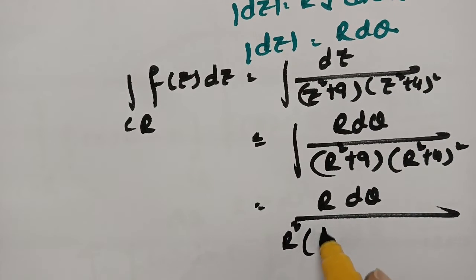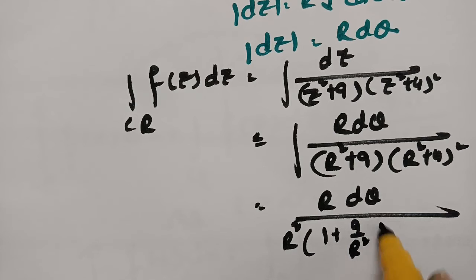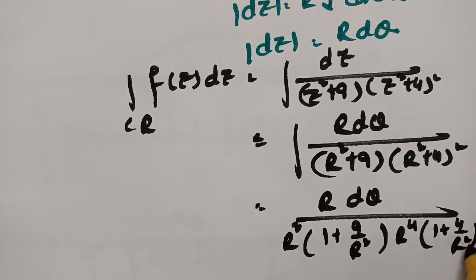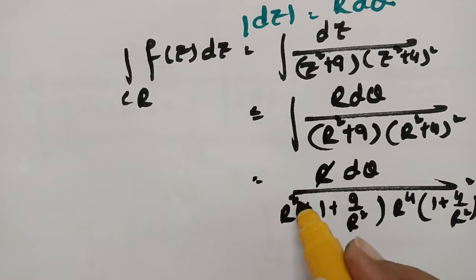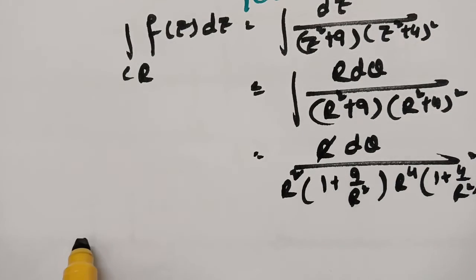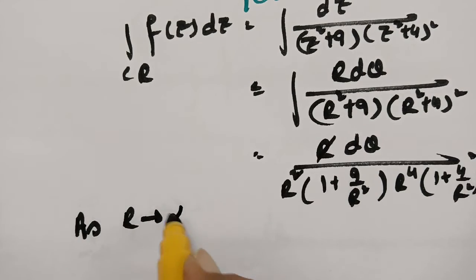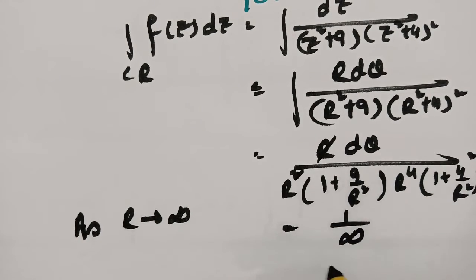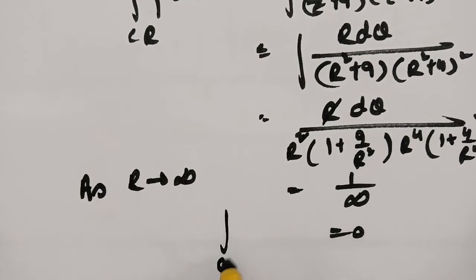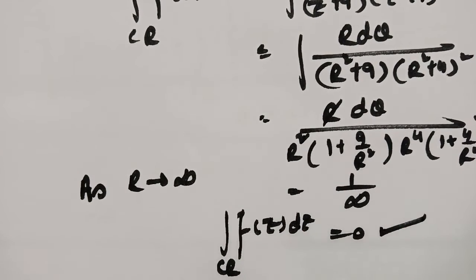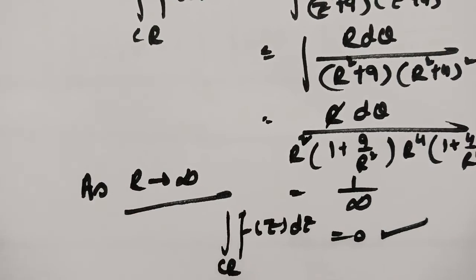If I take r square common, this will be 9 by r square. If I take r power 4 common, this will be 4 by r square whole square. So after cancelling, there are r's left in the denominator, and as you tend r to infinity, this will be 1 by infinity, which is 0. So the integral over C_R of f of z dz is 0 as r tends to infinity.